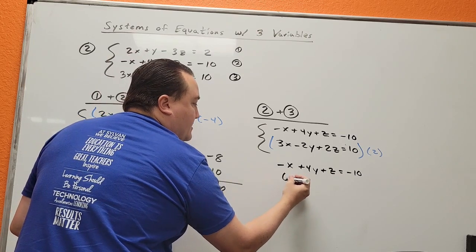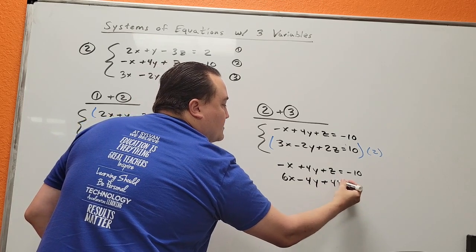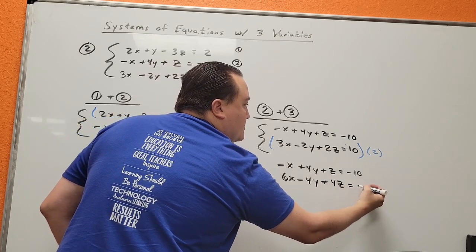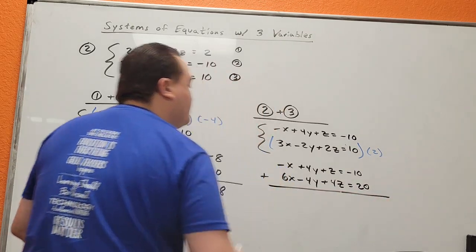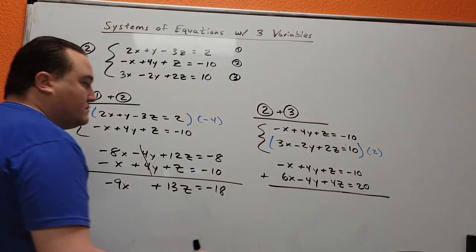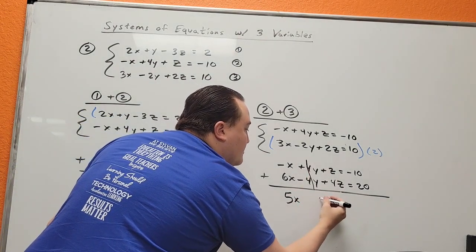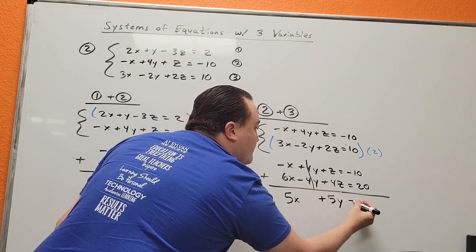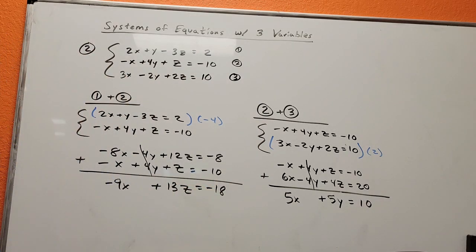So that's plus 6x minus 4y plus 4z equals 20. Add them up. So we got 5x, those are gone like we wanted, plus 5y equals 10. And now we have to use elimination with these two equations.